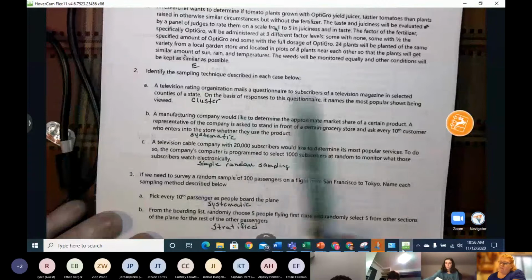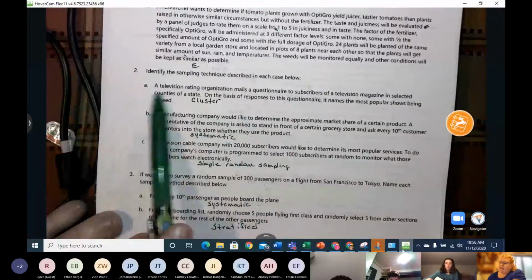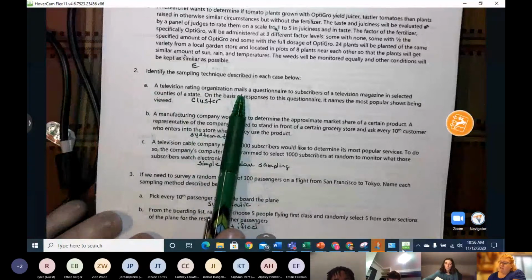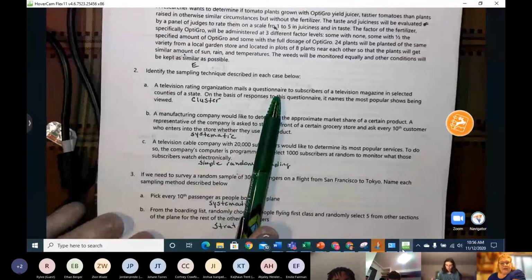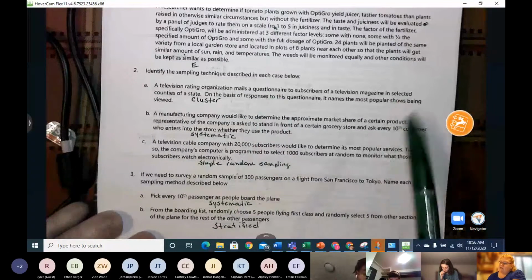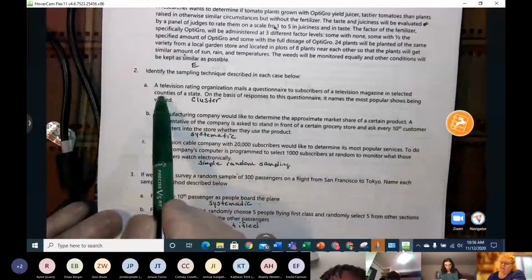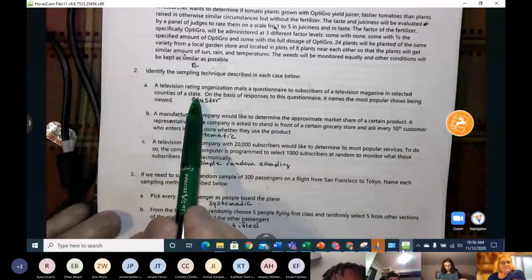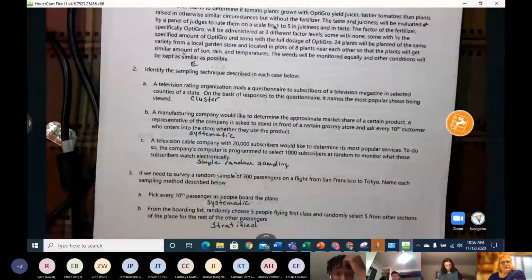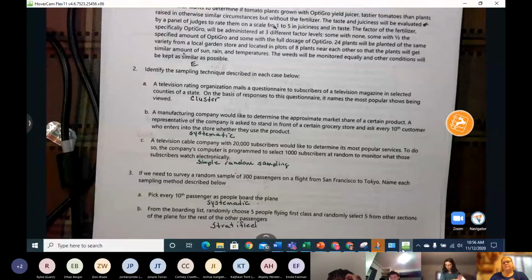So when you read this first example, we have a television organization that's sending out a questionnaire, and they send that questionnaire, and here's that key word, to selected counties of a state. When it sends it to selected counties, that is putting the information in clusters, in groups, and it's collecting the information from all of those clusters or groups.